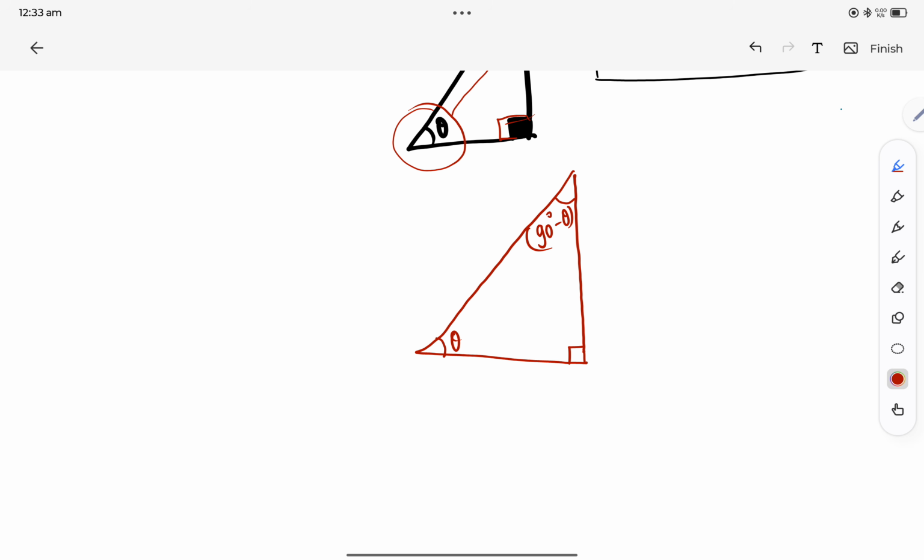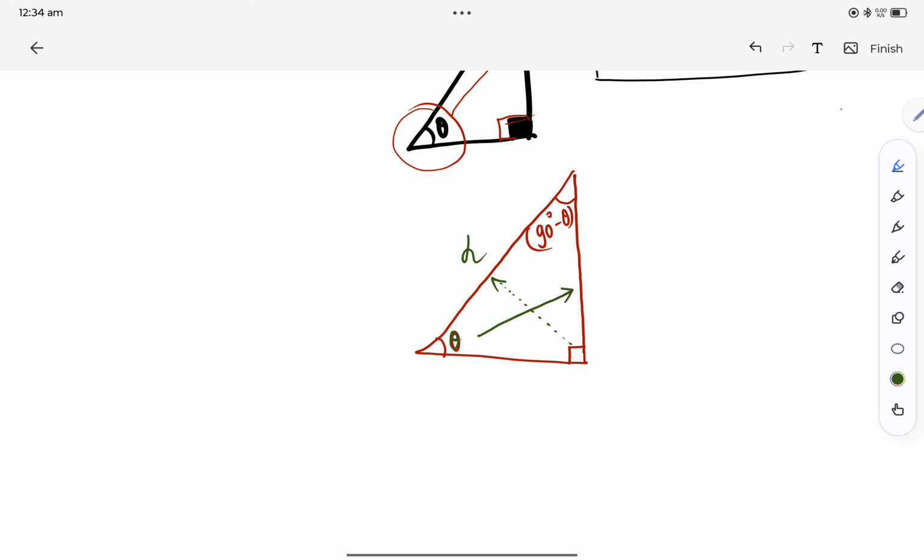So the longest side of the right angle triangle is the side opposite to the right angle, and this is called the hypotenuse, and the side opposite to this angle theta, which is under consideration, is known as perpendicular.